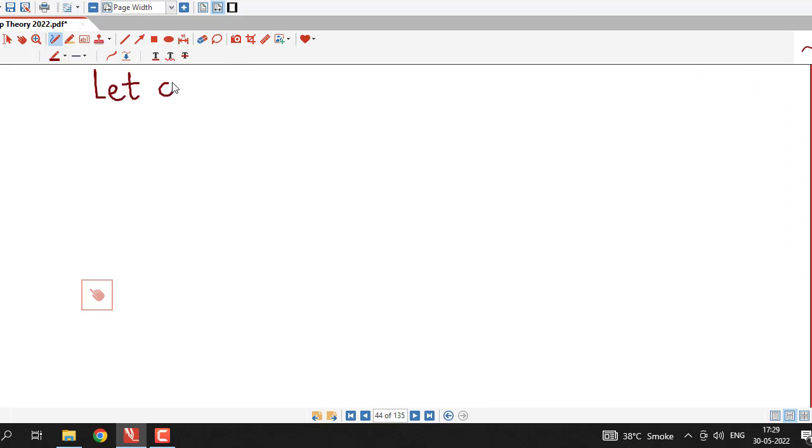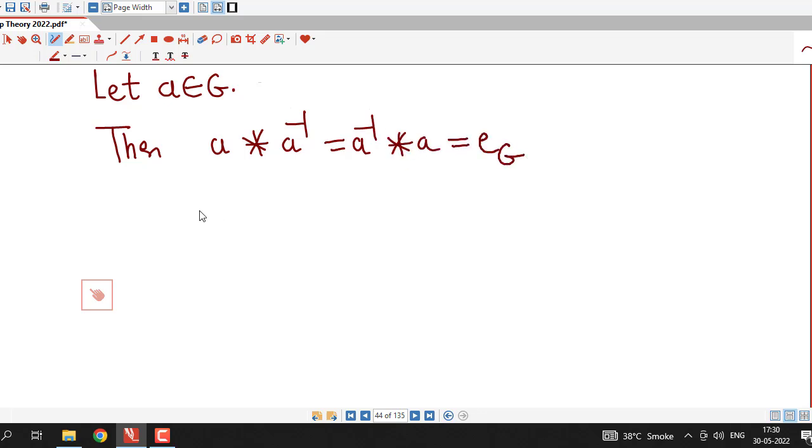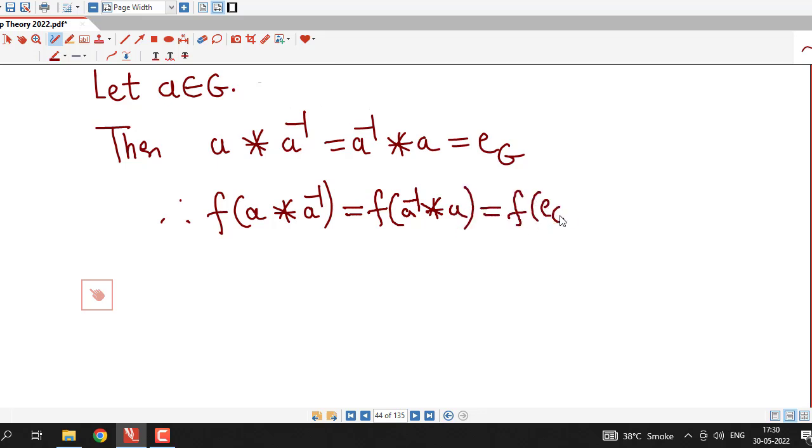Suppose I take any element a in G, then because e_G is the identity, I can write that a ∗ a⁻¹ equals a⁻¹ ∗ a equals the identity in G. Therefore I apply homomorphism: f(a ∗ a⁻¹) equals f(a⁻¹ ∗ a) equals f(e_G).